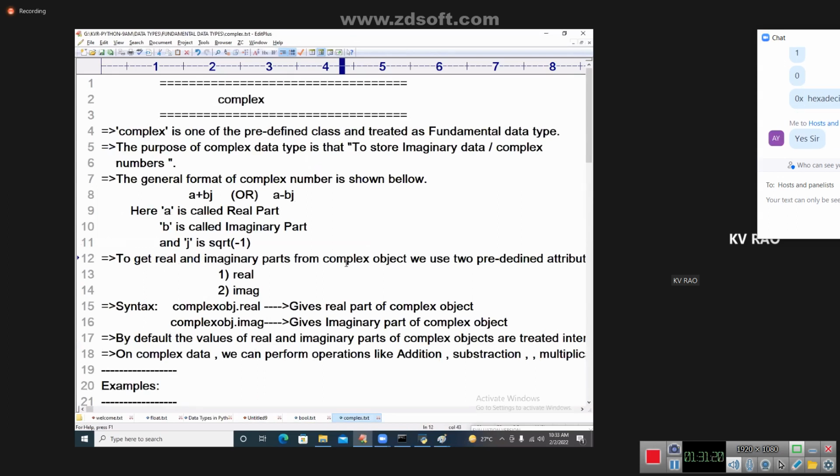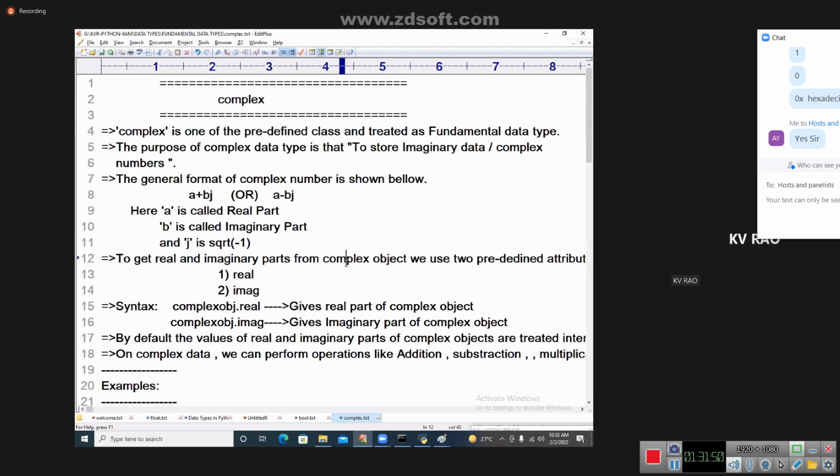What is the general format of complex numbers? General format of complex numbers: a plus bj, or a minus bj. Right, good.